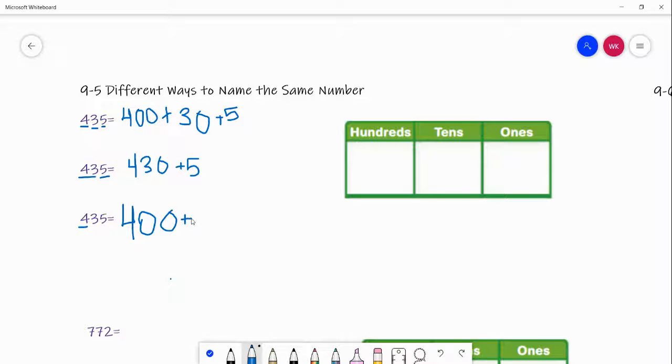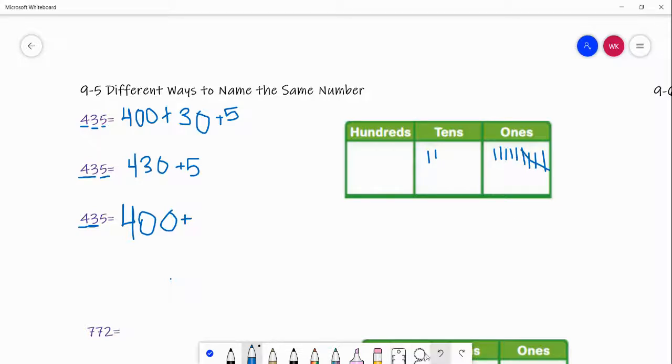Plus, now I'm going to give one of these tens to the ones. So now we only have 2 tens, and now we have 15 ones. Because if you give a 10, so now I'm going to put 10 in here, 5, 6, 7, 8, 9.